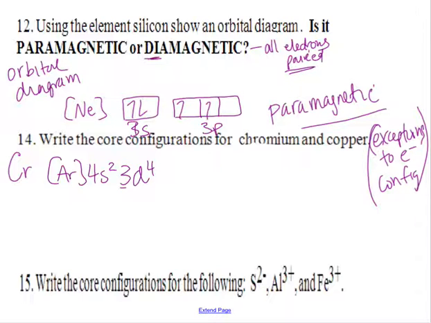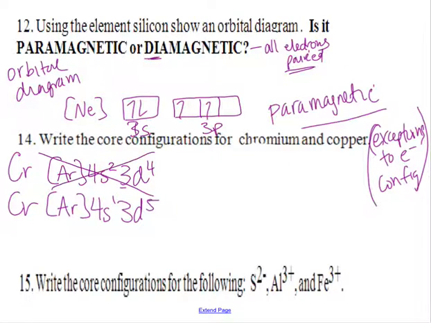So because of such a low energy difference, we're actually going to fill that D sublevel with one of the S's. So chromium's actual electron configuration is that. So chromium actually only has 1 valence electron. So this is not correct.